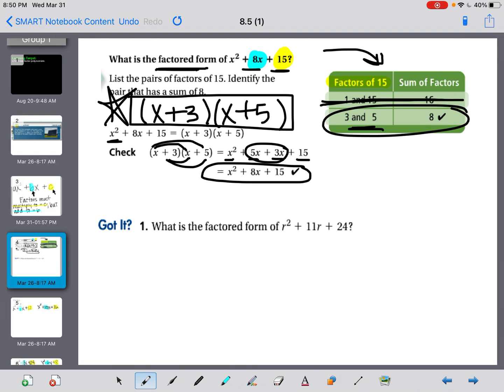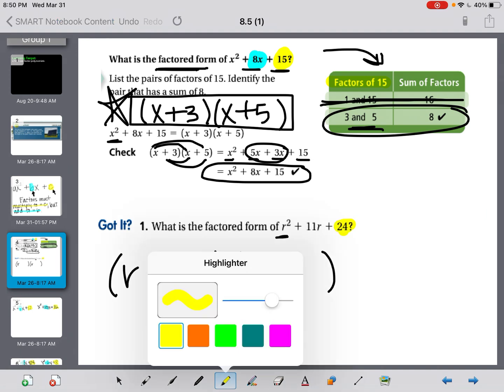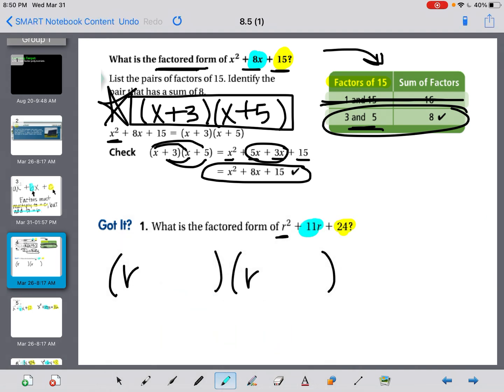Alright, so we're going to try this down here with r squared plus 11r plus 24. R squared with no coefficient tells me I just need an r in each one of these binomials. Now, I need a number that's going to multiply to be 24, but add to be 11. If I start listing my factors of 24, I have 1 and 24, 2 and 12, 3 and 8, 4 and 6.